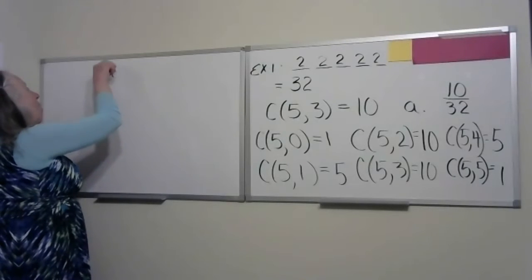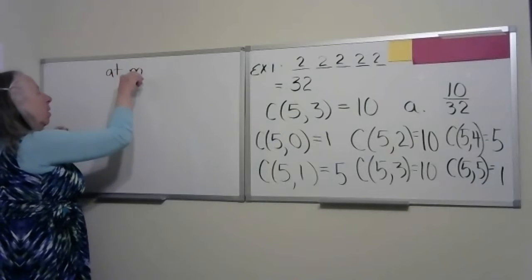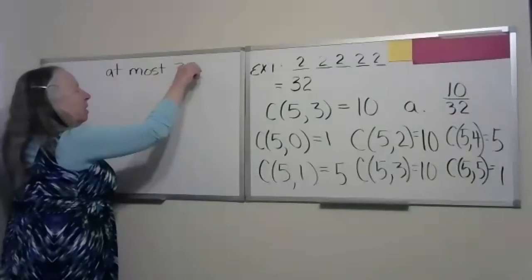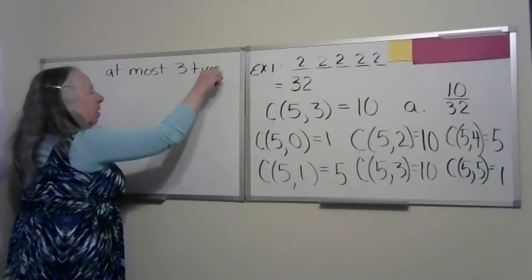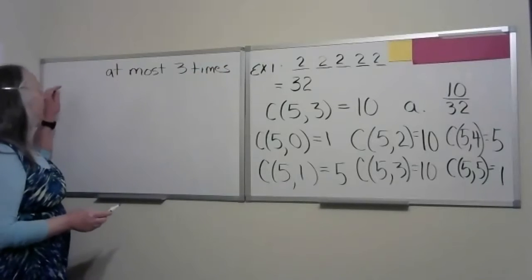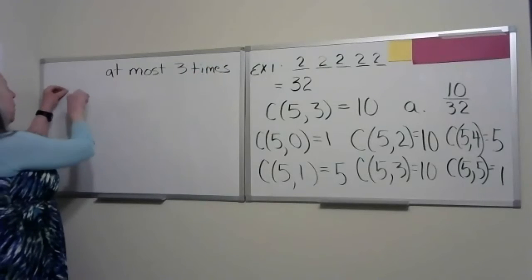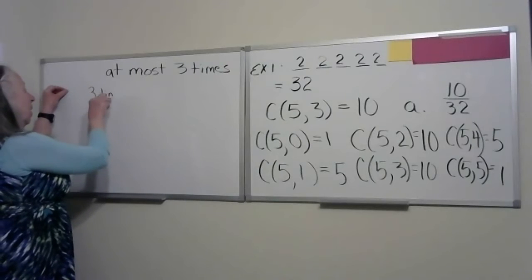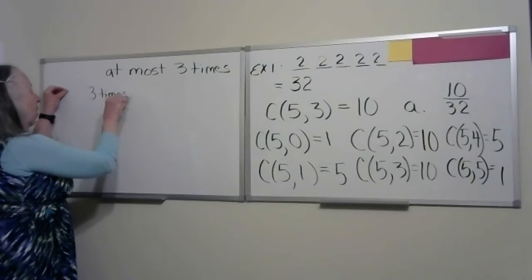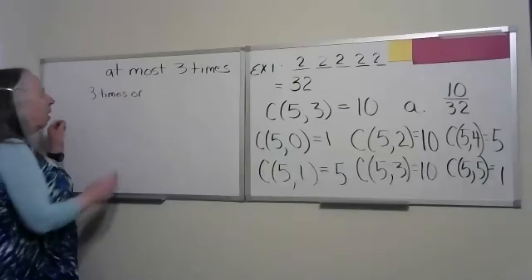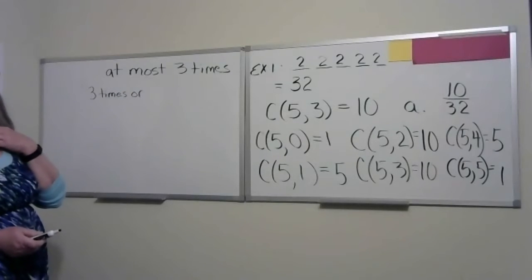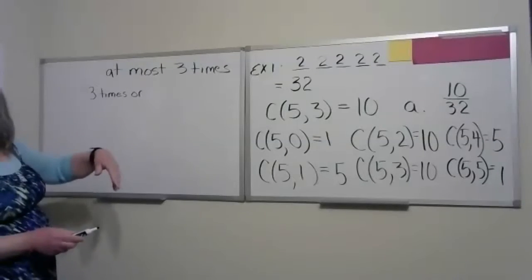So at most 3 times means that it could be 3. Or, Stephen, what else could it be? 2 or 1. Let's go in order.